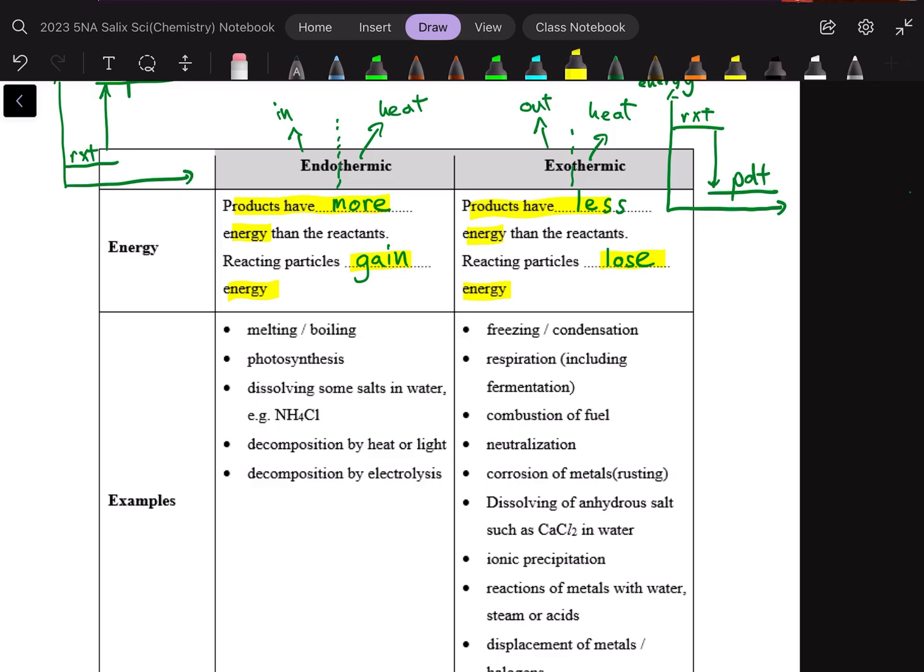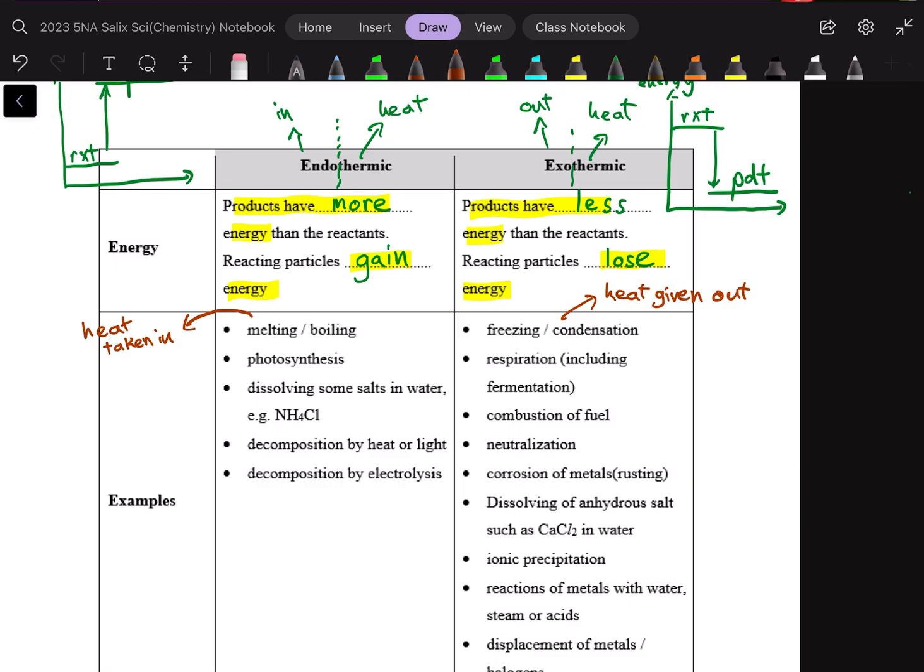Melting, boiling, I think is very clear to us, heat is taken in. Freezing, condensation is heat given out, sometimes you say released. Photosynthesis, same thing, you need energy from the sun.